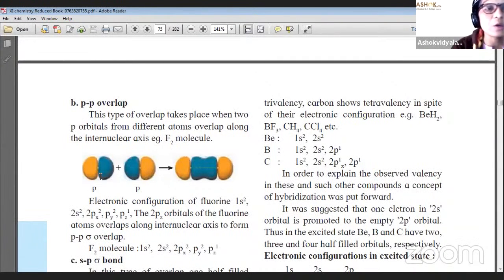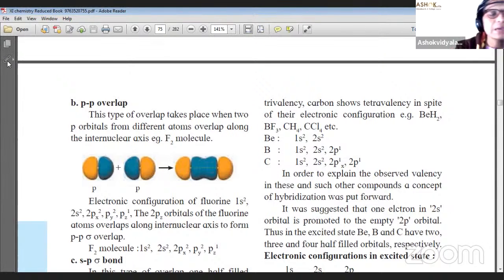When these 2pz orbitals of the two fluorine atoms overlap along their internuclear axis, a sigma bond is formed between the two fluorine atoms and the fluorine molecule is formed. This is the internuclear axis.